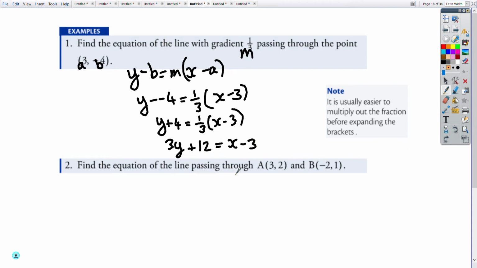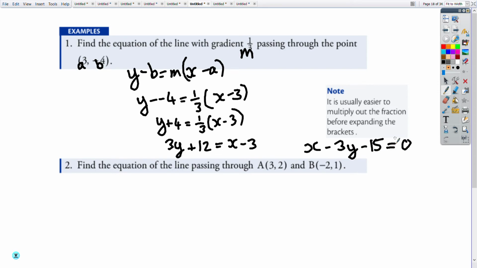You can leave it as y equals, it doesn't matter. But this is the way I'm going to rearrange it here. So if we rearrange that, take away 12, take away 3y, we'd be left with x minus 3y minus 15 is equal to 0.